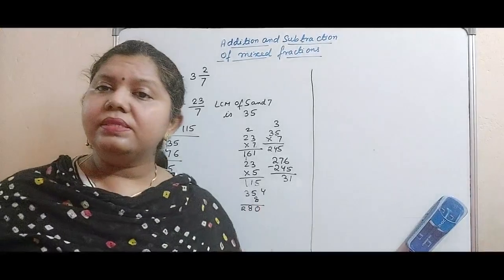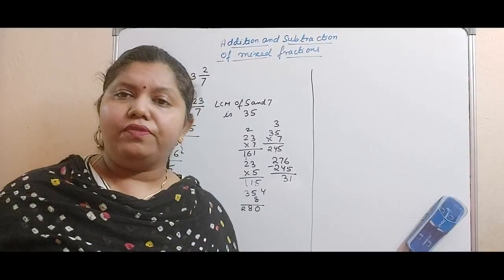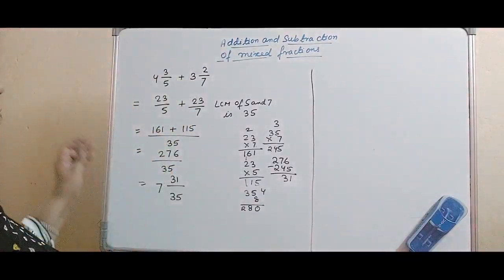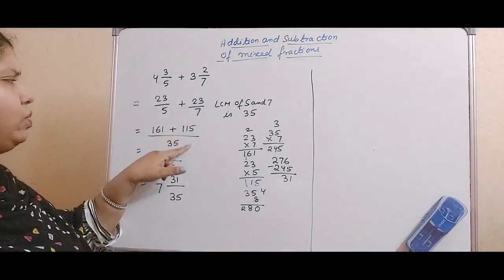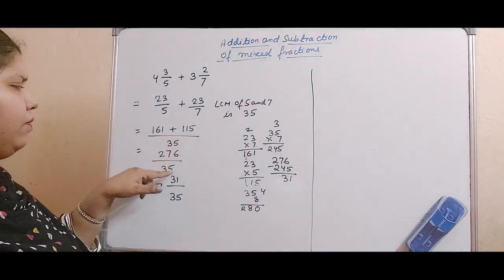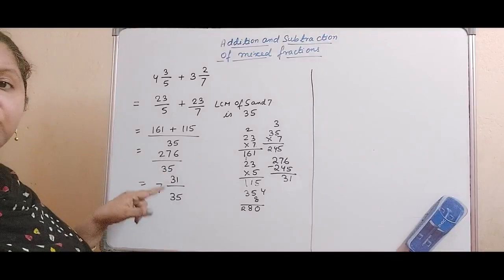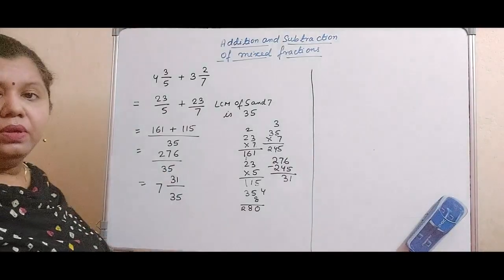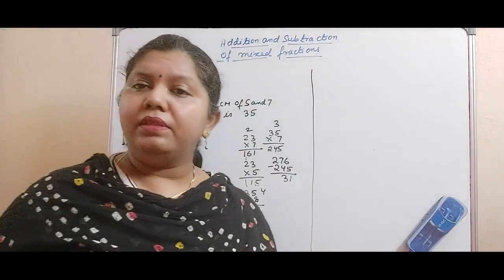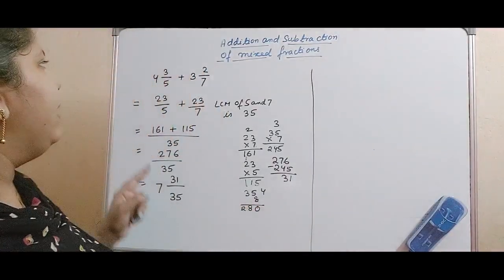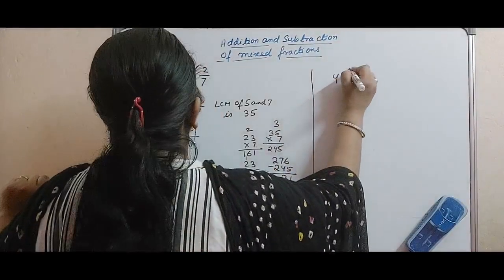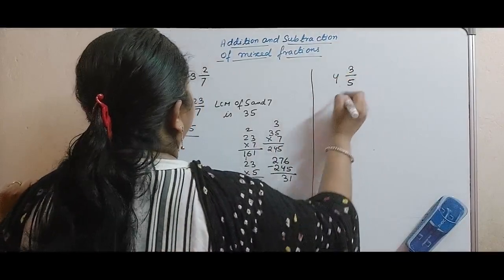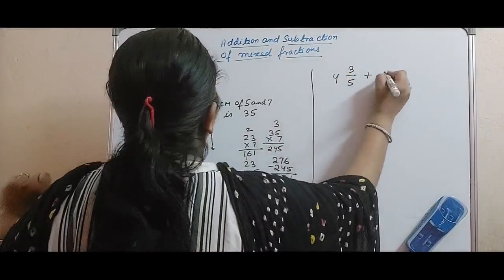Now as you can see, in this method it took a lot of time. First you have to convert this into an improper fraction, and again you have to solve for converting the improper back to mixed. So this process took time. So we have an alternate method here. What we will do, we will add all these whole numbers first, and the fraction part we will add separately.